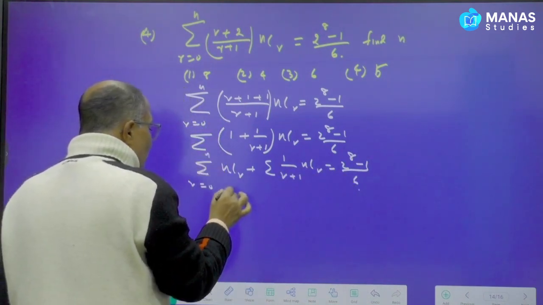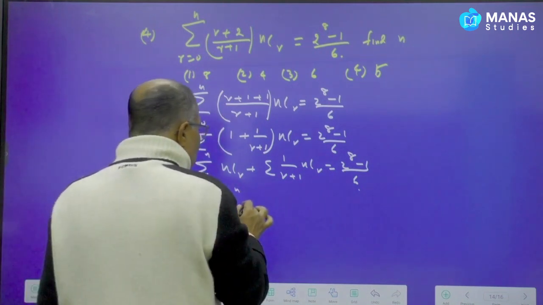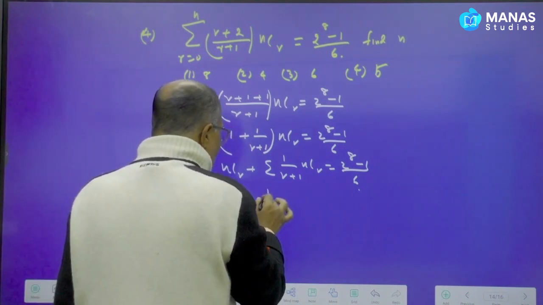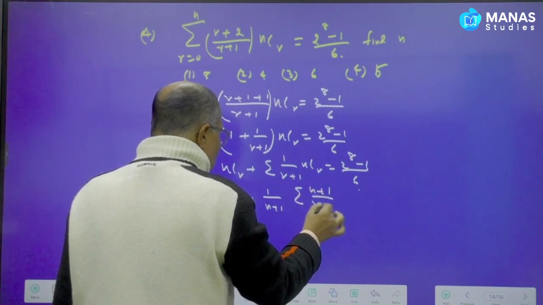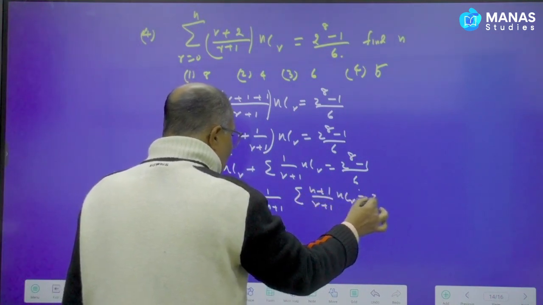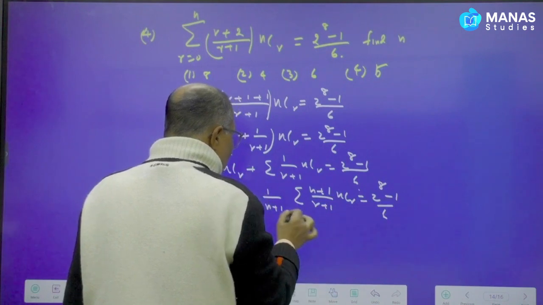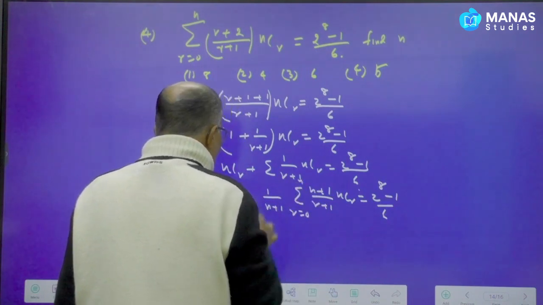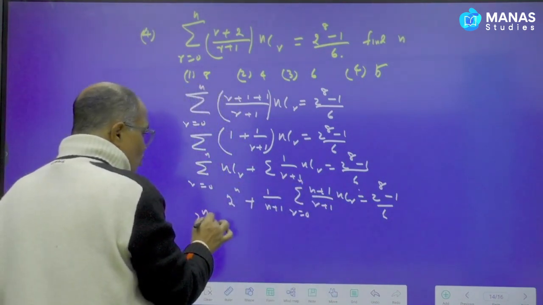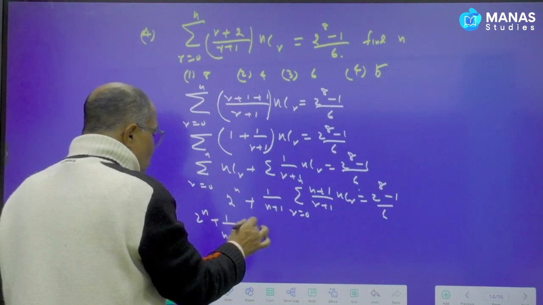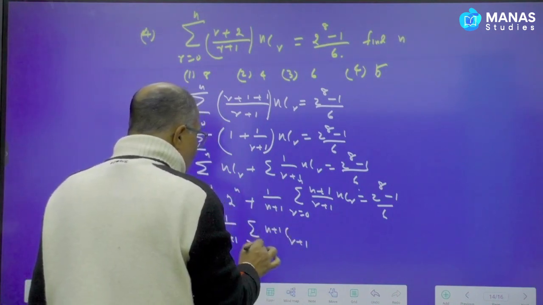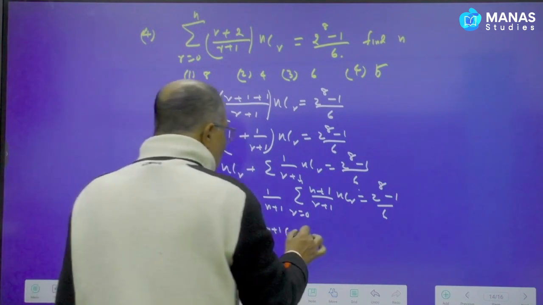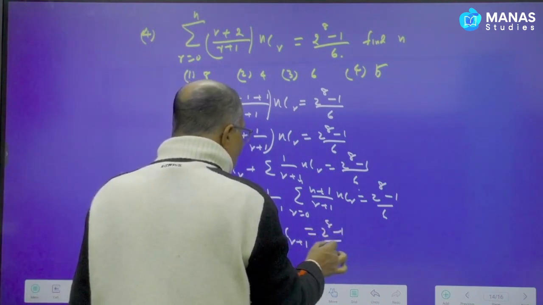This is 2 power n plus, we write, 1 by n plus 1 multiplied by (n plus 1) divided by (r plus 1) into nCr equal to (2 power 8 minus 1) by 6, where r varies from 0 to n. This is 2 power n plus 1 by (n plus 1) times (n plus 1)C(r plus 1), where r varies from 0 to n, equal to (2 power 8 minus 1) divided by 6.